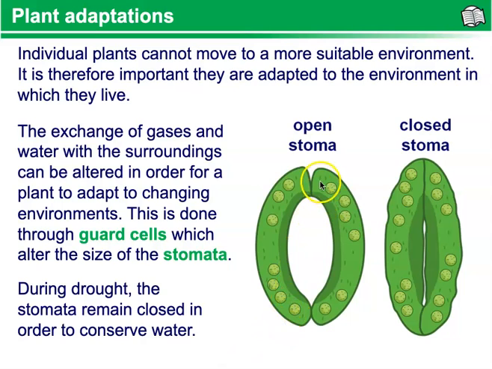So in this image, the guard cell is on the outside, and the stomata is the opening that's allowing for gas exchange. During drought, the stomata remain closed in order to conserve water. When there is plenty of water and lots of sunlight, the stomata will open up by the guard cells expanding, and gas exchange and water exchange can take place.